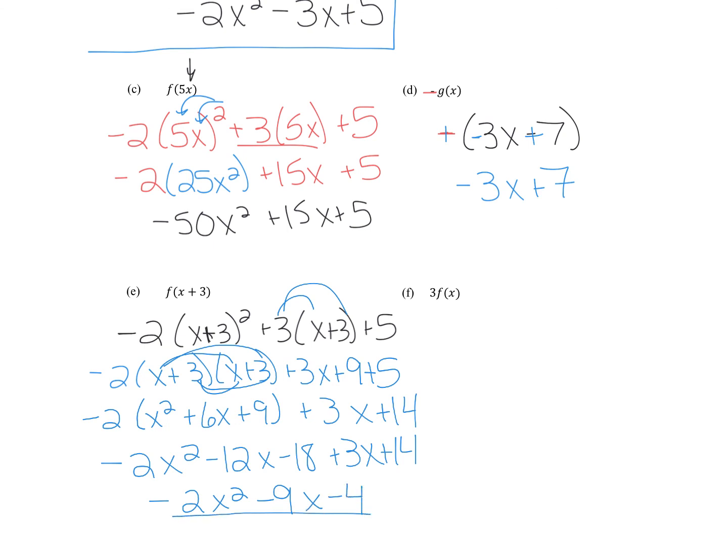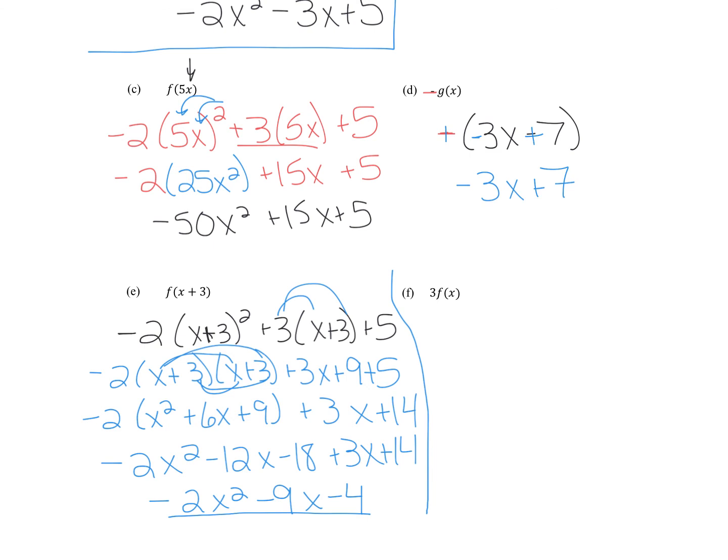So those ones where we have the binomial squared are definitely the longest problems in terms of how much we have to do with them. The last one is a tack-on, right? We're putting 3 in front of the function, and in this case, it's f of x. So let me just get my pen.